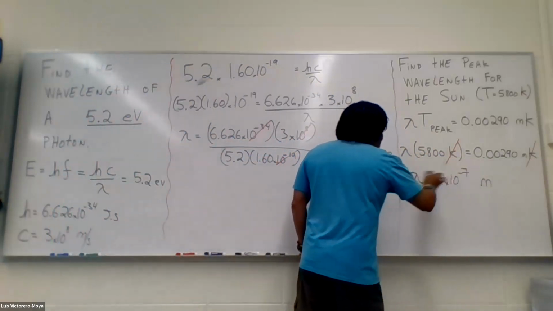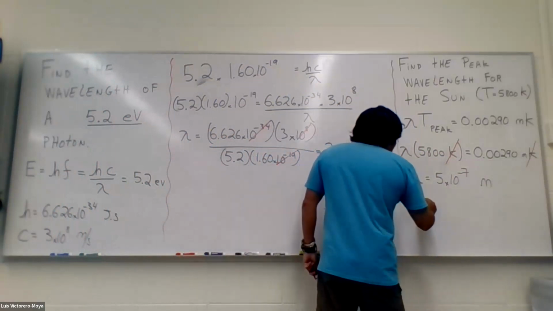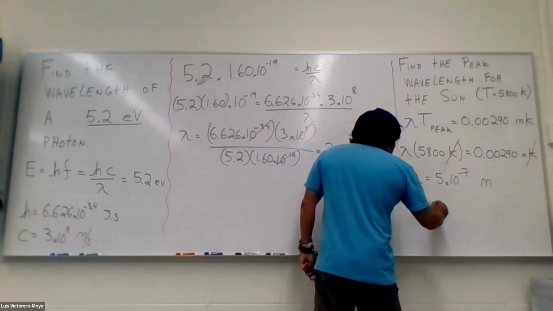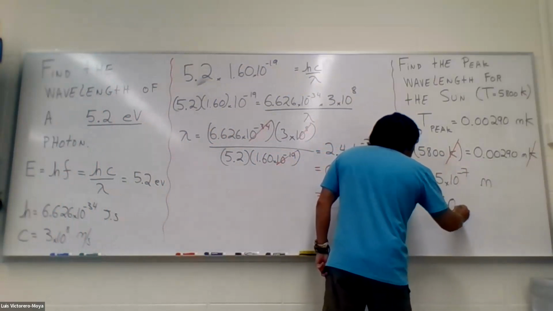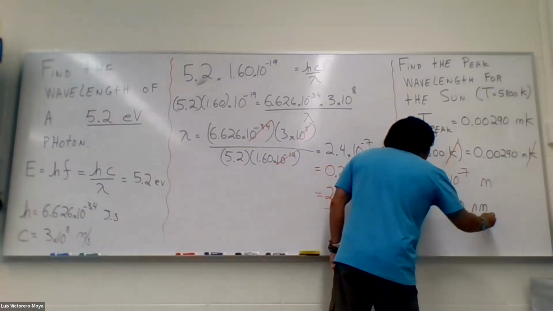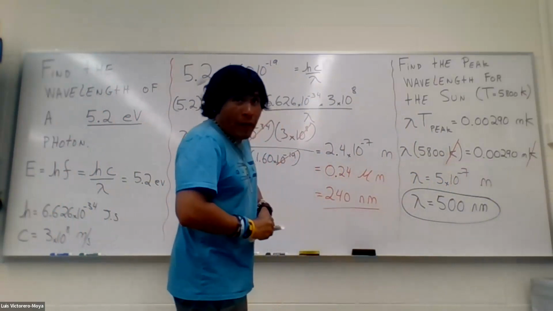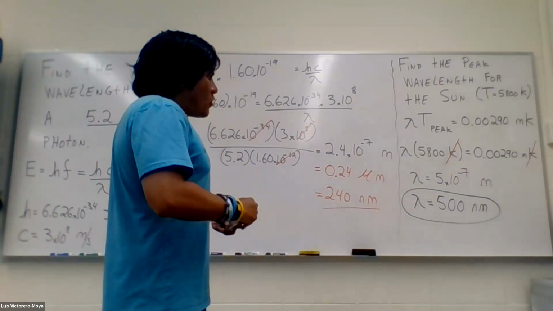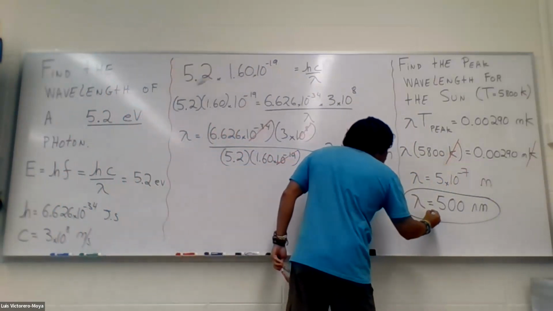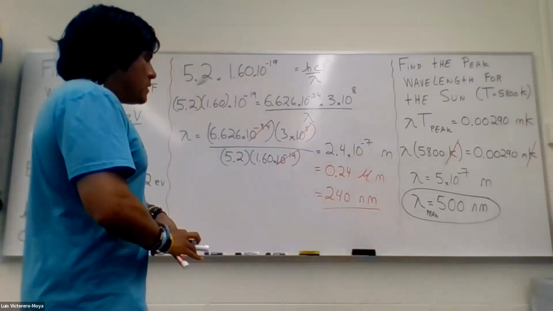If you multiply by 100 here and divide by 100, that's correct. Visible light, as you would expect. That's where you can see the sun. So you can see the peak radiation of the sun, this lambda peak, is at 500 nanometers.